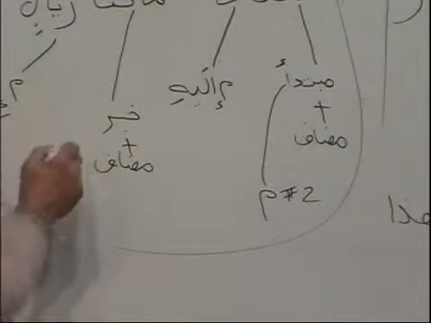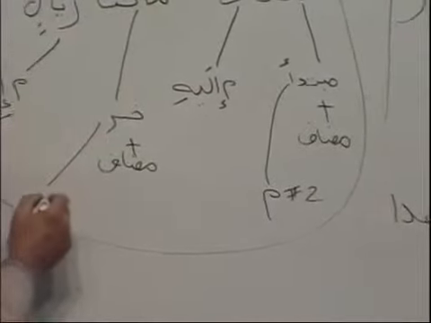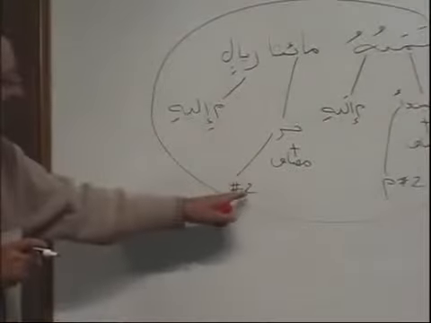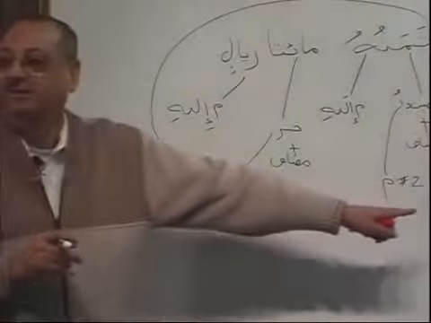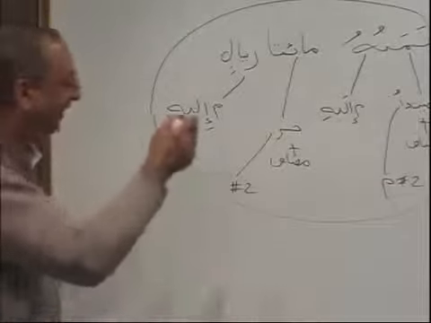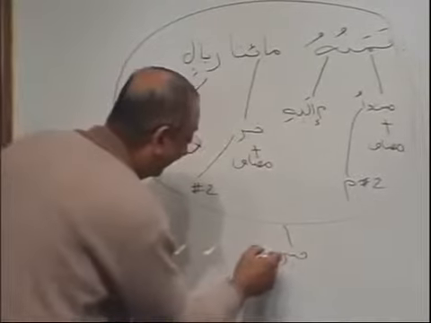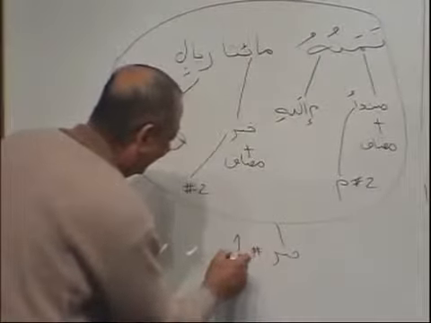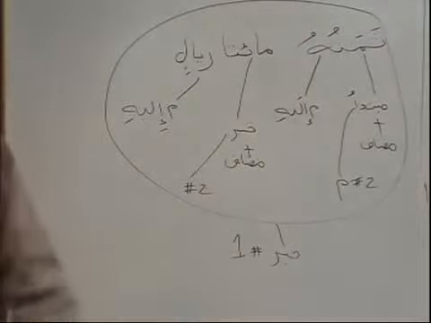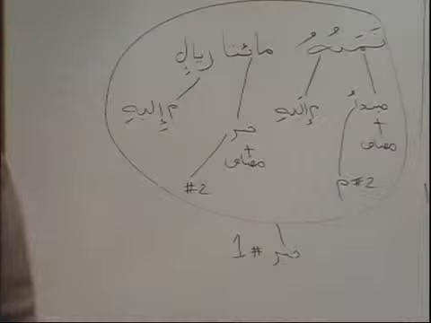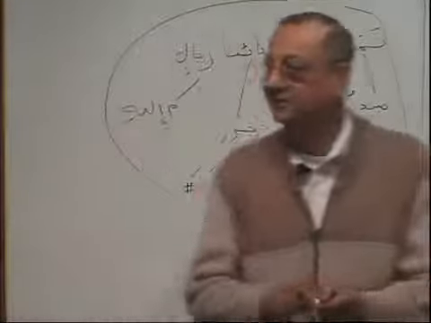And what is this khabar? Number 2. Because this khabar is for mubtada number 2. And then what is this now? Khabar number 1, brothers and sisters. Because this whole jumla ismiya came as a khabar for mubtada number 1. Sister Sukhaina, is it clear, sister?